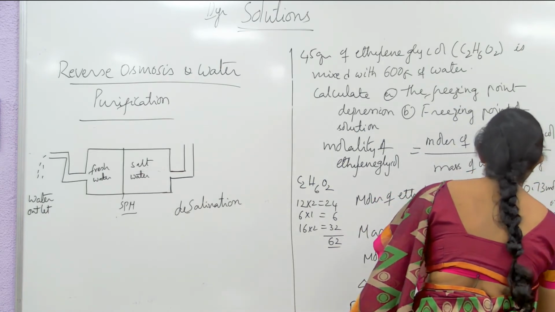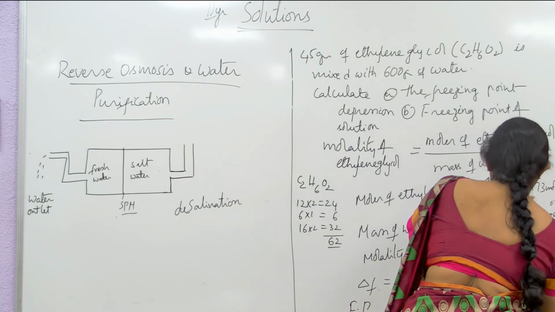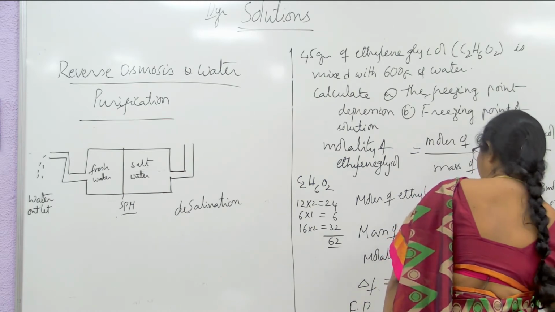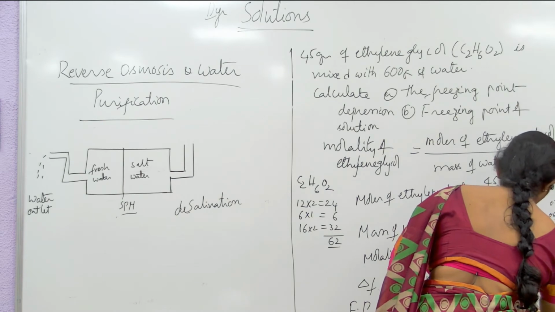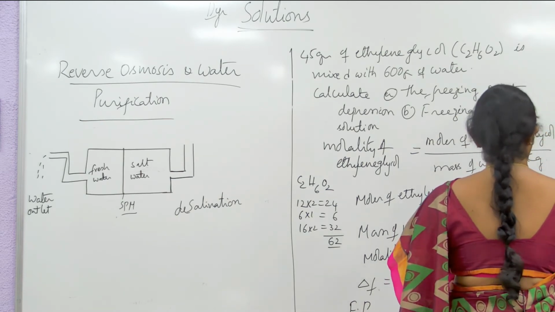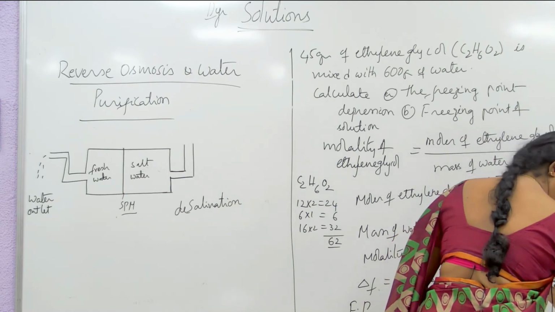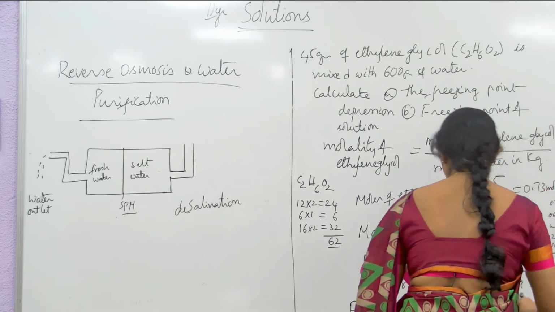Then the molality of ethylene glycol is equal to the number of moles of ethylene glycol, 0.73 moles, divided by the mass of water in kg, 0.6 kg. So how much will you get here? That is equal to 1.2 mole per kg.